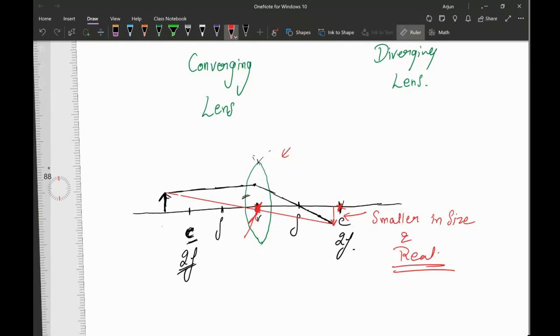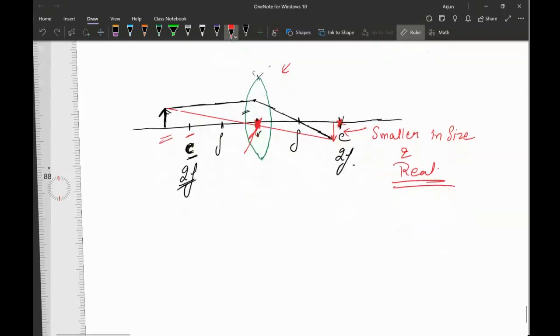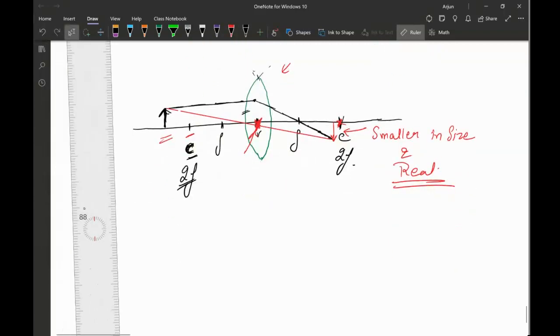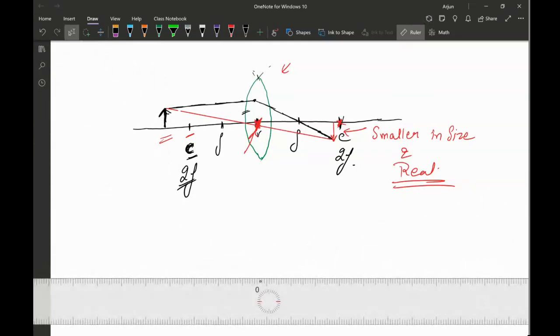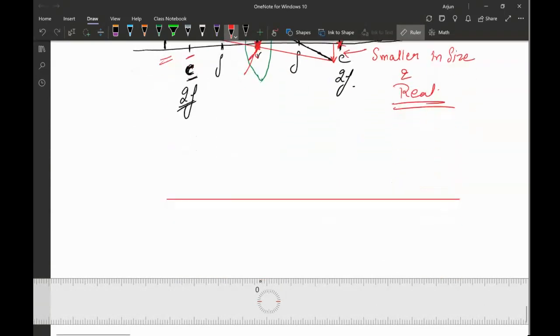Now, this was the first case when the object was placed away from the center of curvature or away from the 2f. Second case we're going to talk about is when the object is placed between f and 2f. So again, I'm going to draw the axis, and here I'm going to try and draw the lens. Let me see if I can draw some better shapes.